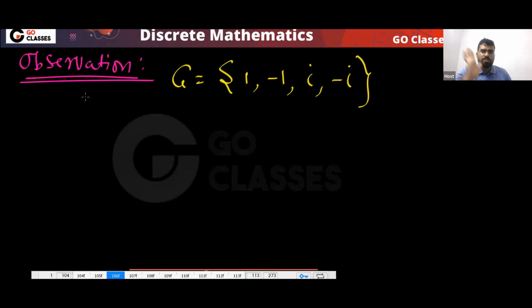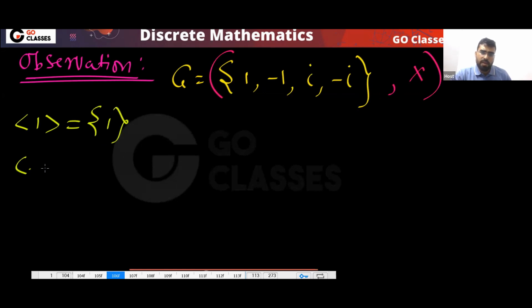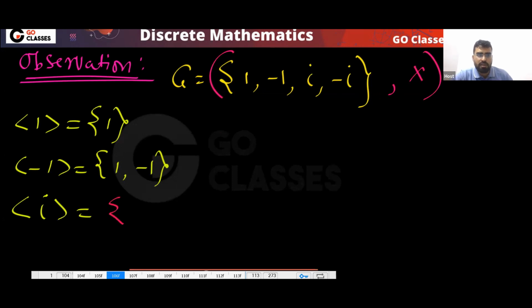Now make this nice observation about the group I gave you. What is the subgroup generated by 1? That is 1. What is the subgroup generated by -1? That is this. What is the subgroup generated by iota? That is G itself. What is the subgroup generated by minus iota? That is G itself.